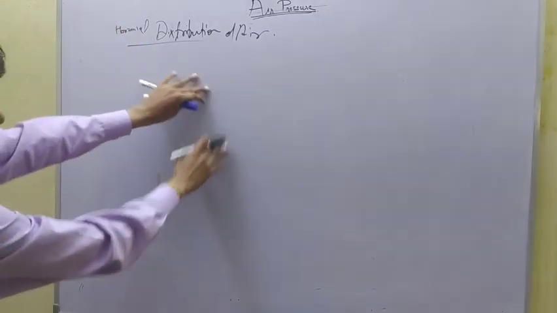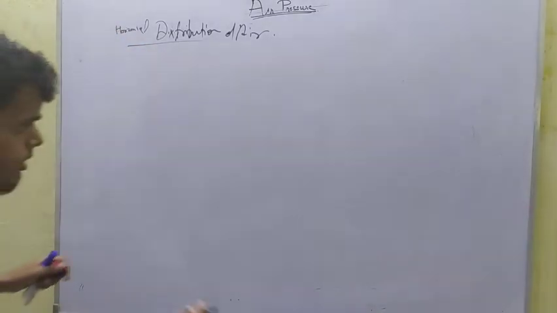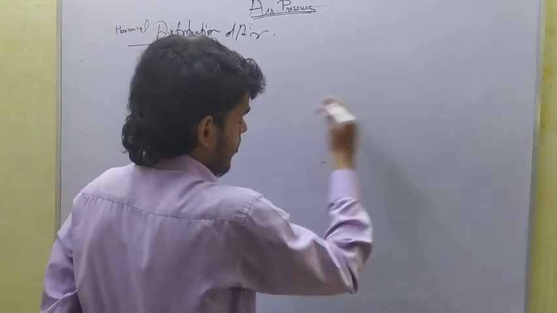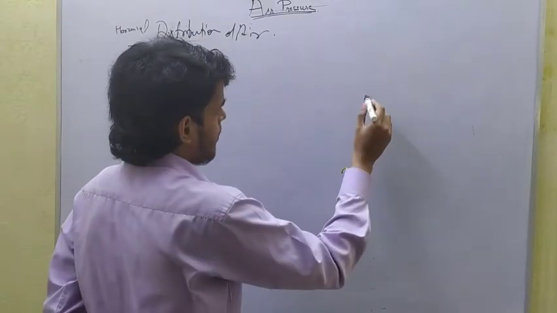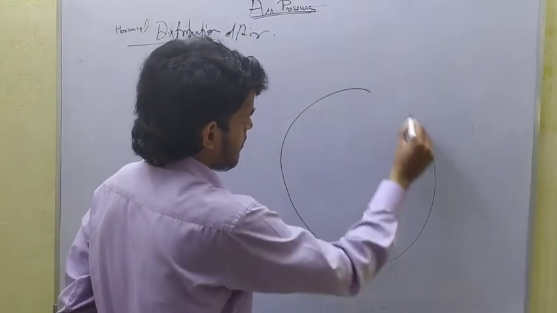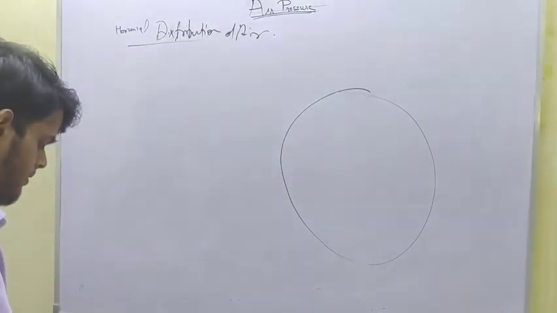First is the tropical pressure zone. Different zones are divided in particular. I shall draw the globe. This is Earth.